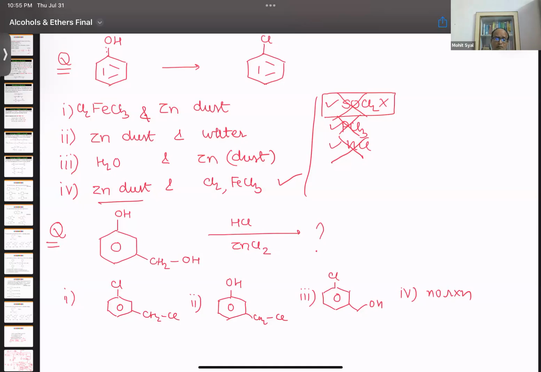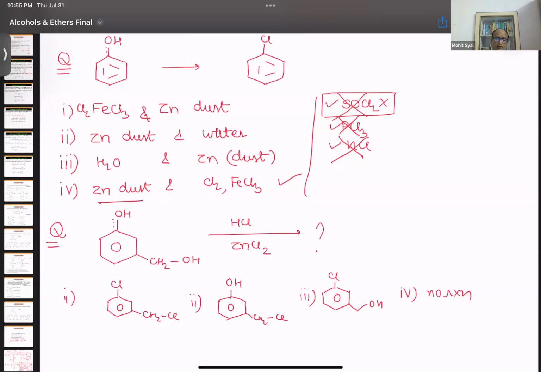This benzene one is very difficult to remove. Why? Why is it so difficult, Ibrahim? What is there? The partial double bond, due to resonance. So it is very difficult to replace.